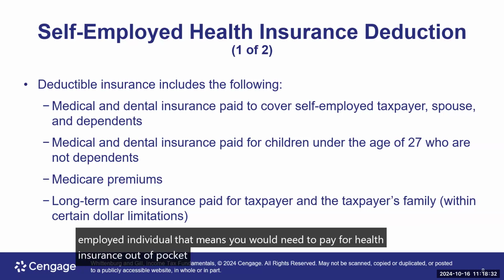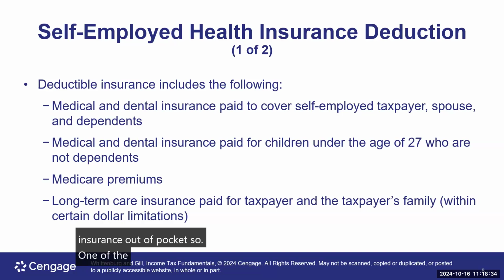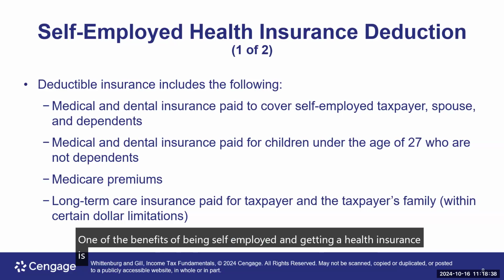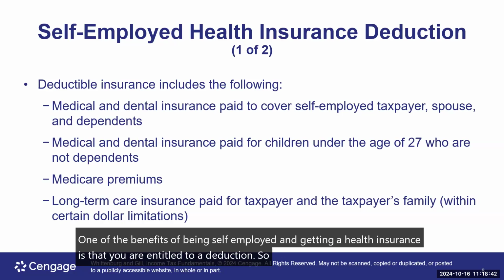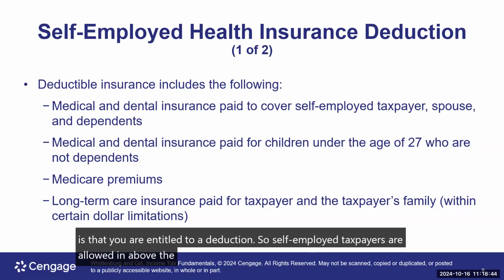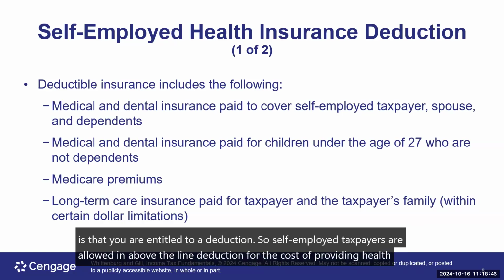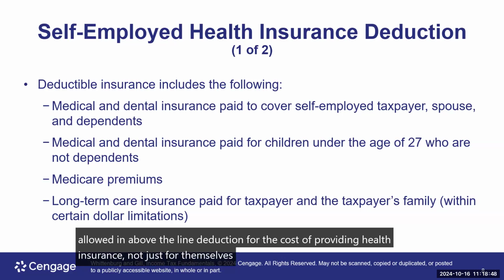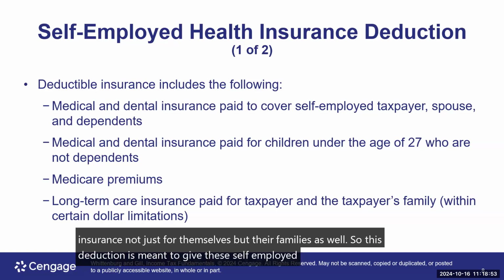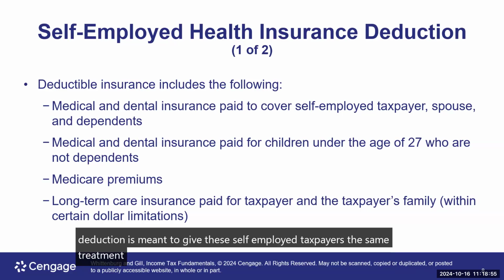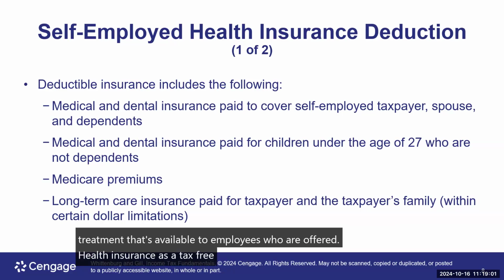So one of the benefits of being self-employed and getting health insurance is that you are entitled to a deduction. Self-employed taxpayers are allowed an above-the-line deduction for the cost of providing health insurance, not just for themselves, but their families as well. This deduction is meant to give these self-employed taxpayers the same treatment that's available to employees who are offered health insurance as a tax-free benefit when they are employed.